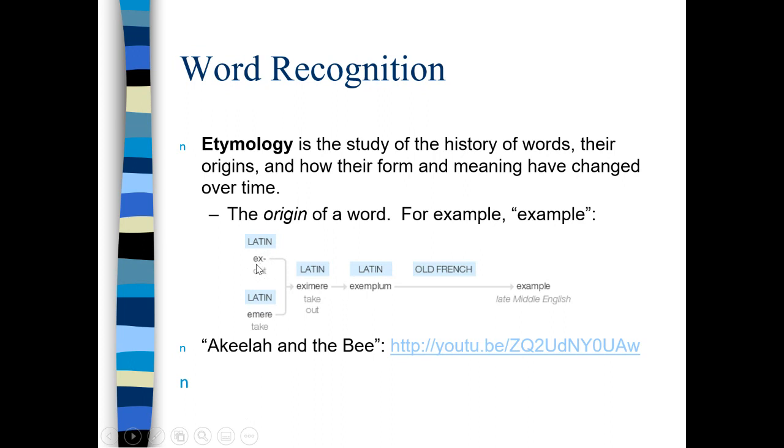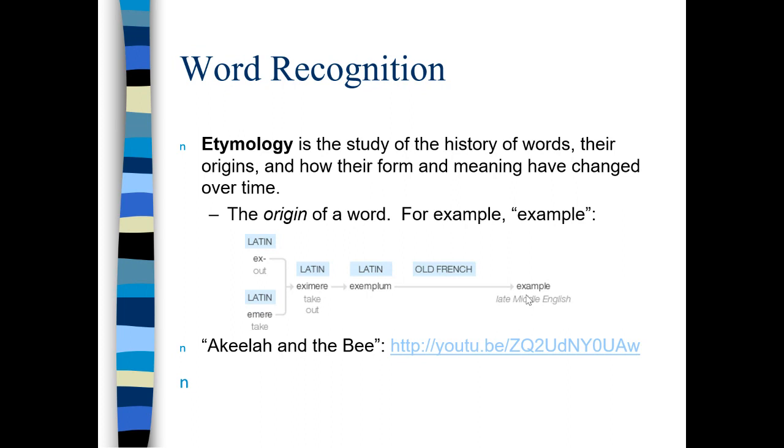So we know that something is out. We're taking out something. And it goes from Latin all the way into French over time to become a late Middle English word that we now still use. So example has Latin roots, meaning to take out. An example specifically is me taking out something that I want to focus on specifically.